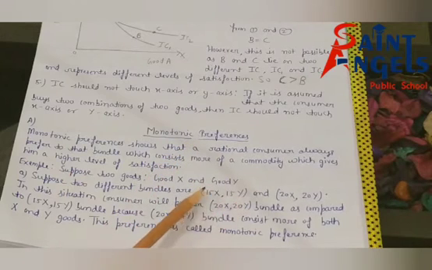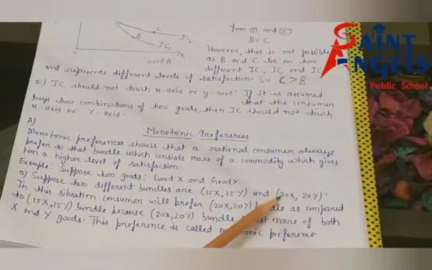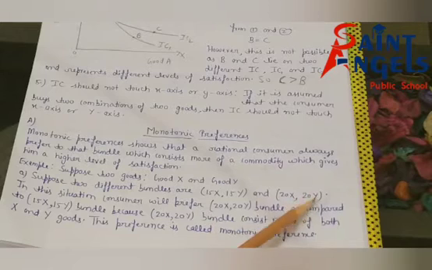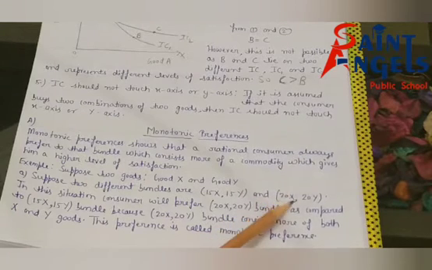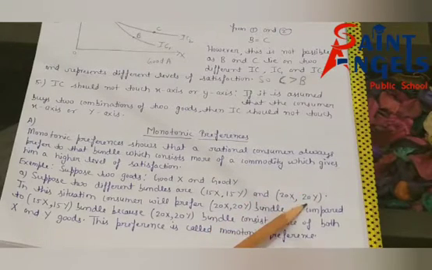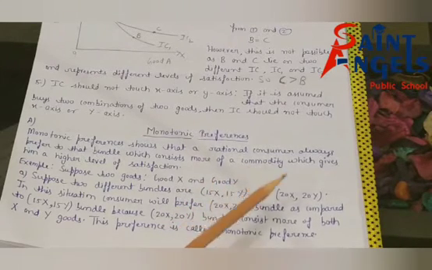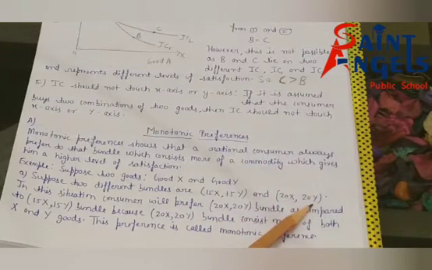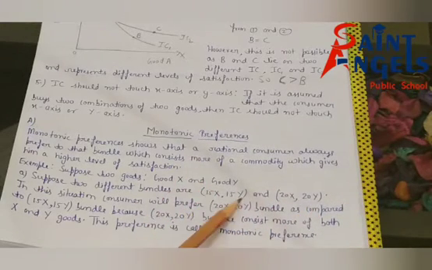First bundle consists 15 units of good X and 15 units of good Y, and second bundle consists 20 units of good X and 20 units of good Y. As you know, consumer will prefer the second bundle because the second bundle will provide a higher level of satisfaction as compared to the first bundle.